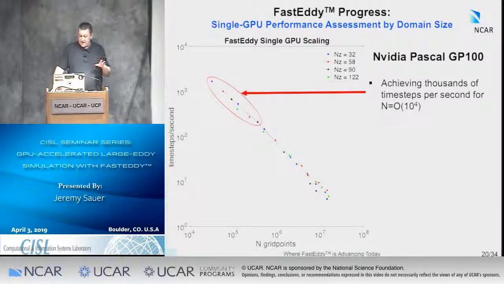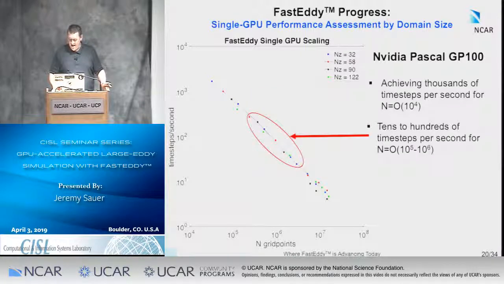And we were pleased to see that we can achieve thousands of time steps per second for order 10,000 grid points, which is not a huge domain. But thousands of time steps per second says you're taking milliseconds to do a time step. That's pretty fast. I don't care who you are.